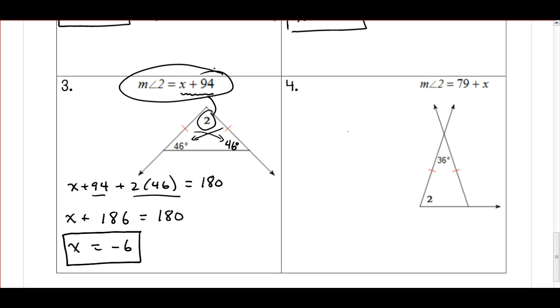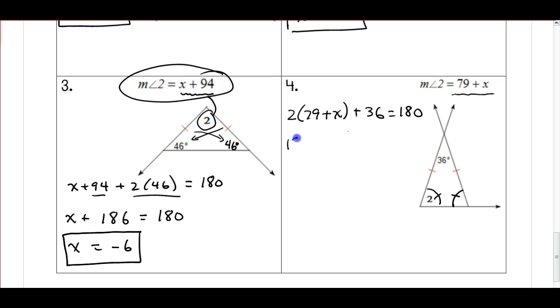Moving on to our last example. These two angles are congruent, so I have two angles that are 79 plus x. So I have 2 times (79 plus x), and then my third angle is 36. That has to equal 180. I distribute: when you distribute, you have to multiply by everything in the parentheses.